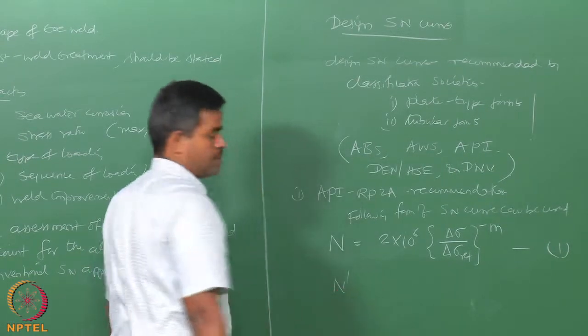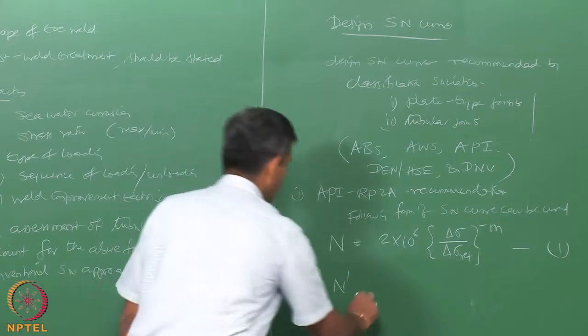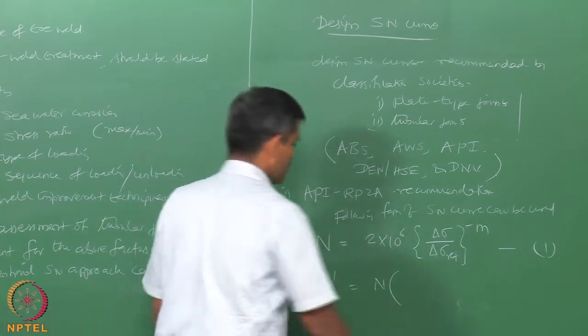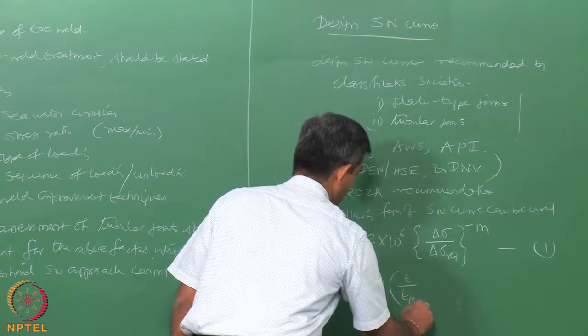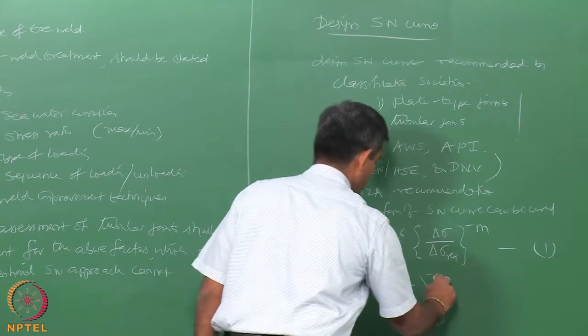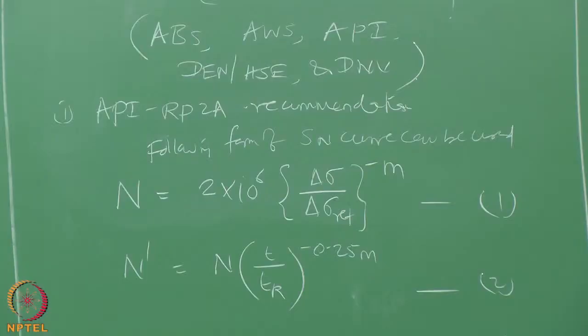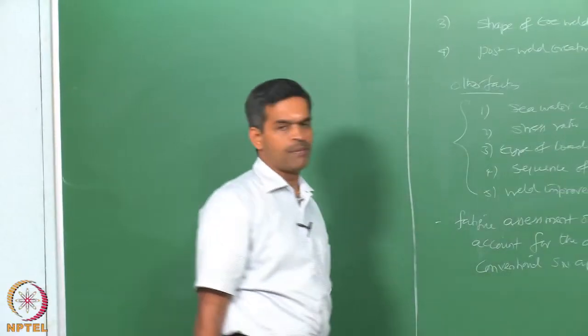The modified SN approach could include the thickness of the plate with reference to the reference thickness to the power minus 0.25. That is one typical recommendation given by the classification society API RP 2A.